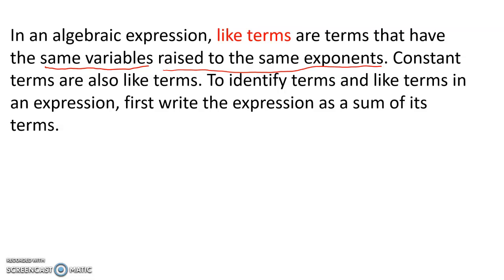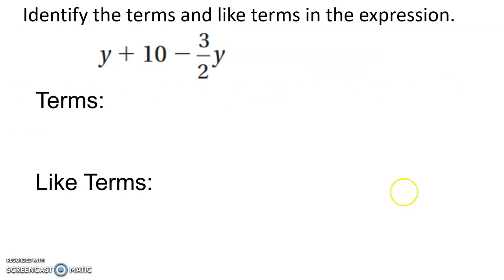To identify terms and like terms in an expression, first write the expression as a sum of its terms. So first thing we're going to do is identify the terms and then see if there's any like terms. Now for me, this is my personal preference: I circle the terms, but they include the sign in front of it. So that's like a positive 10.